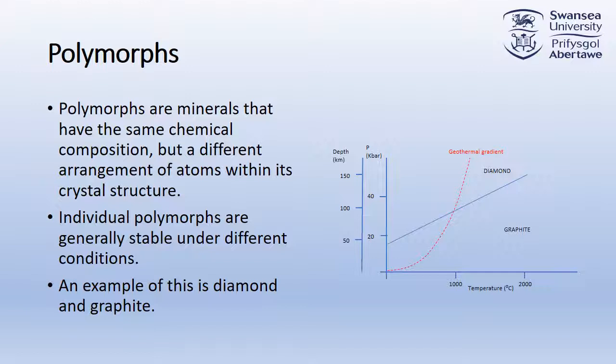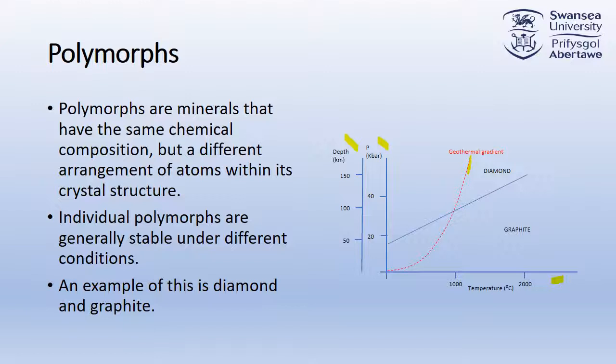On the y-axis here we have pressure in kilobars, and depth in kilometers as well, and on the x-axis we have temperature. This red line here is a geothermal gradient. This is how temperature changes with pressure and depth as you go down through the crust.